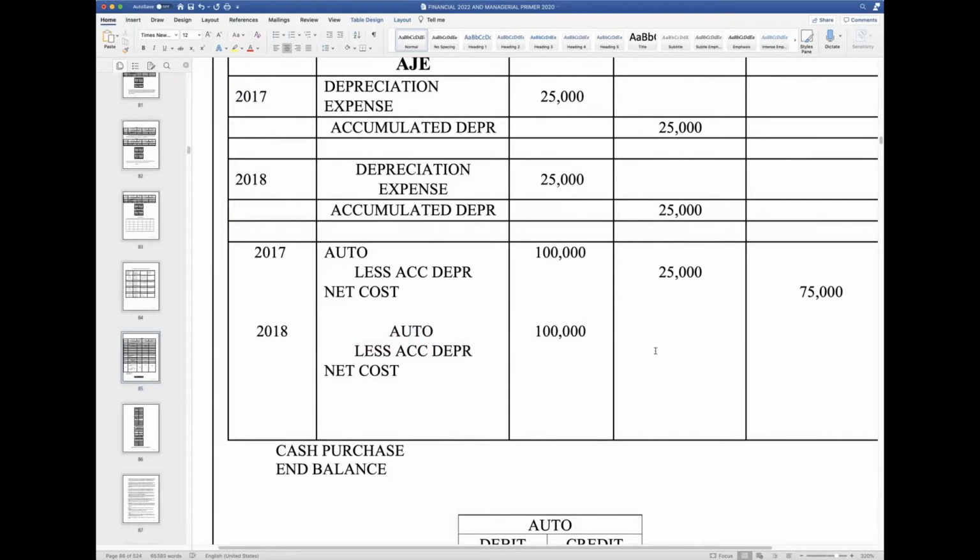It's now 50,000, and the net cost is now going to be 50,000. So that car goes down each year in value. The depreciation started out at 100. At the end of the first year, it was valued at 75. At the end of the second year, it's valued at 50. And we keep doing that.